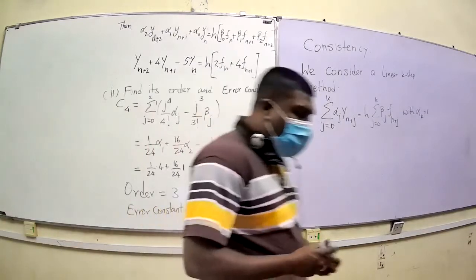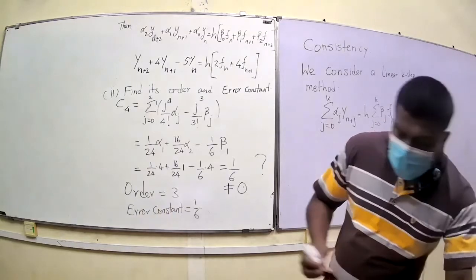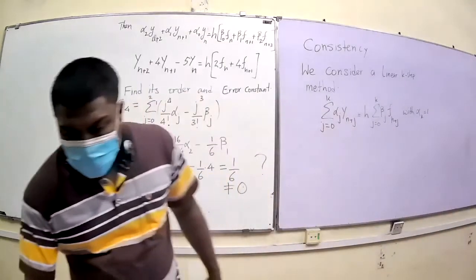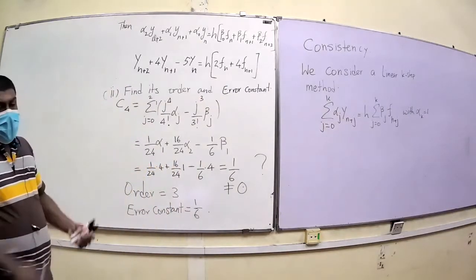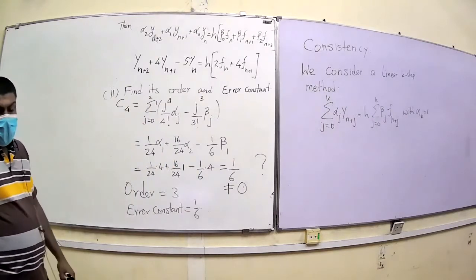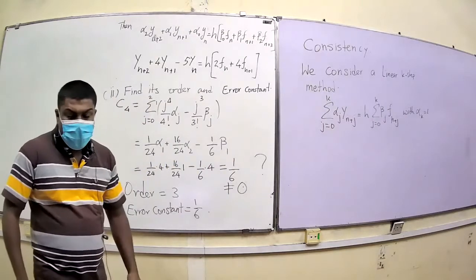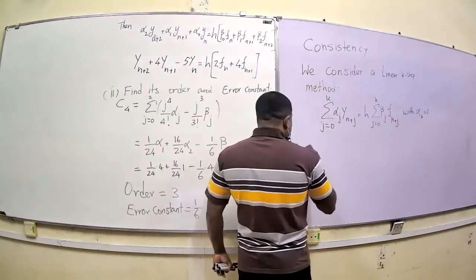So this is how we define the linear multi-step method in general. In this linear multi-step method, first we are going to define what we mean by consistent.